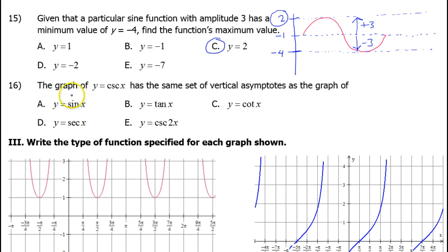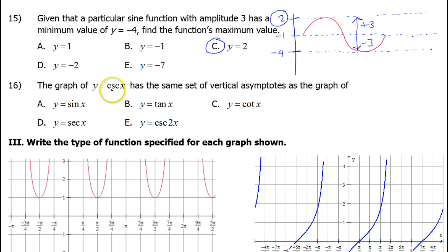Okay, let's play again. Look at problem number 16. The graph of y equals cosecant x has the same set of vertical asymptotes as which one of these graphs? Alright, I think we'll just have to do a quick sketch and see.